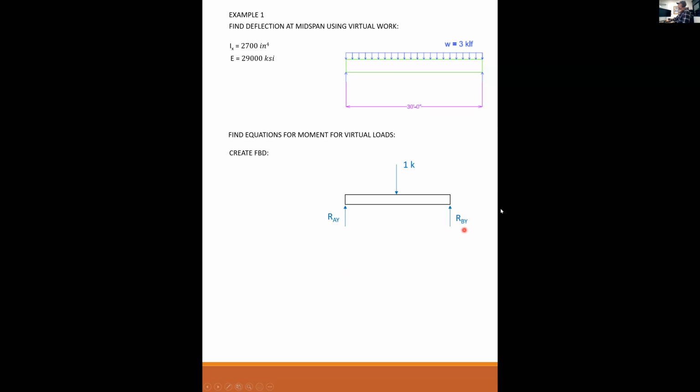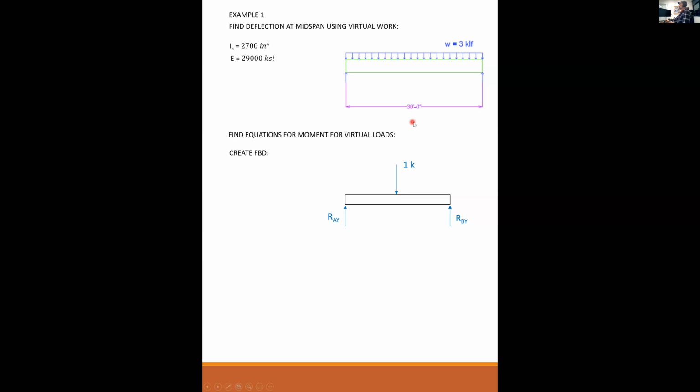What we do, this is how the method works. You take the virtual load and you apply it where and in the direction that you would like to know your deflection. So if I want to know the deflection at midspan, I put a 1 kip virtual load at midspan. And if I think it's going to go down, then I put my virtual load going down.